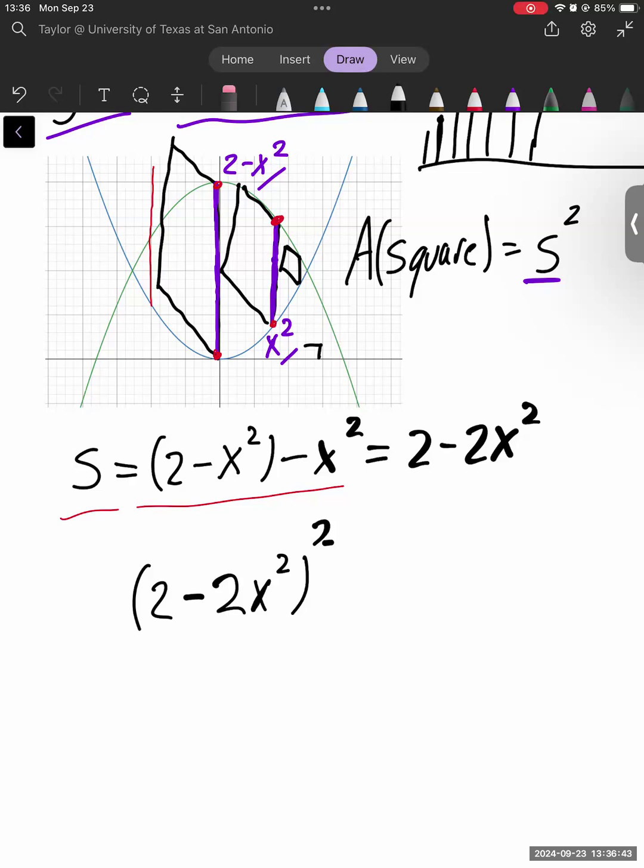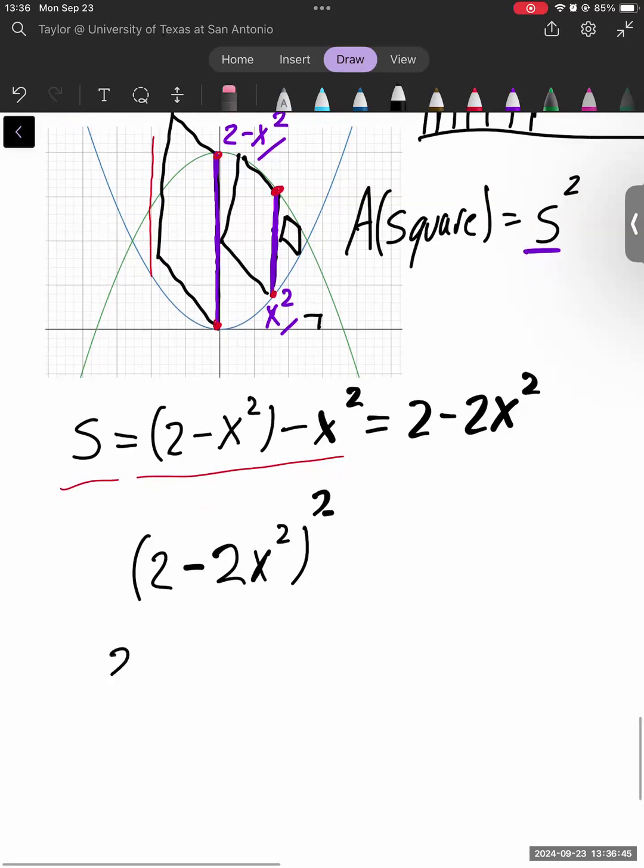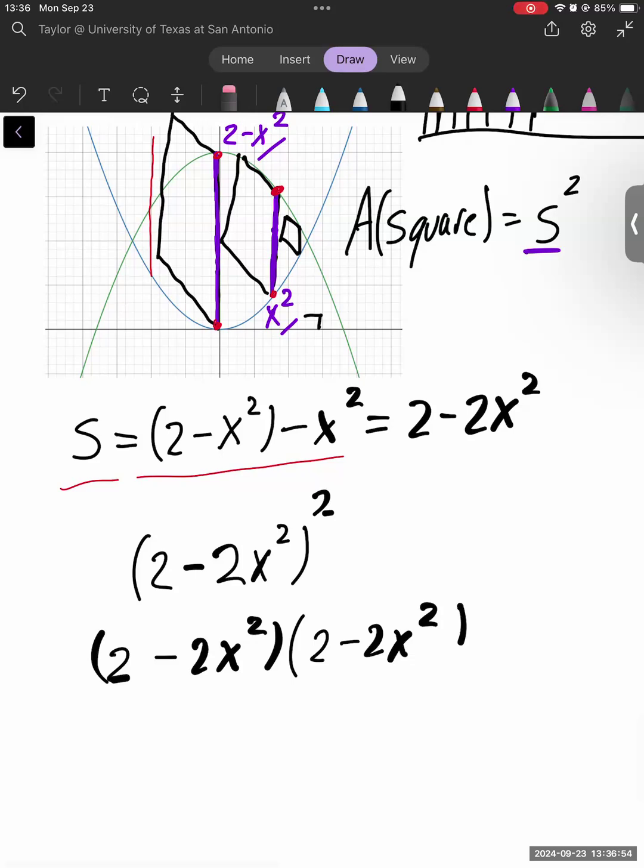And then foiling this expression, we get 2 minus 2x squared times 2 minus 2x squared. And if we remember, we go 2 and then 2 times 2x squared, and then we get here and then here.